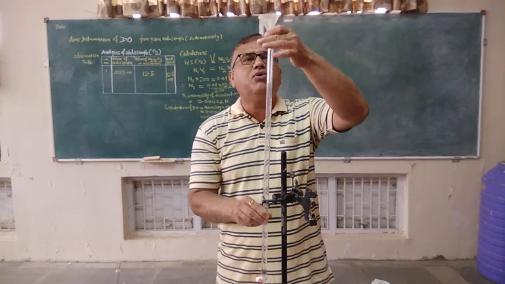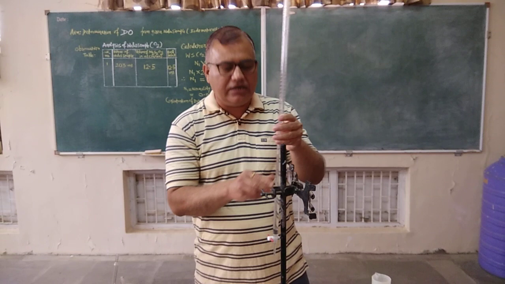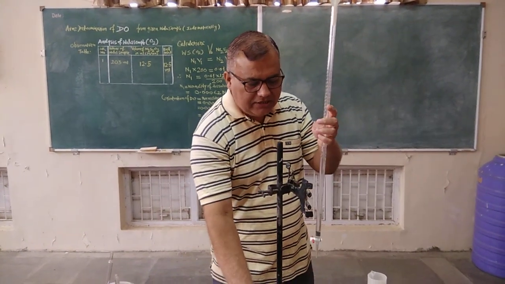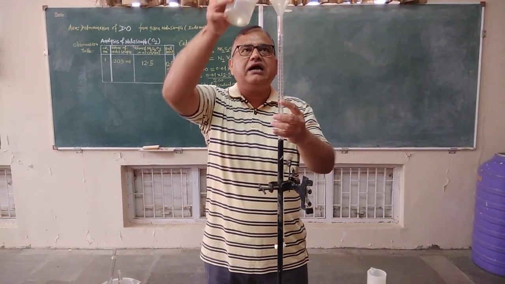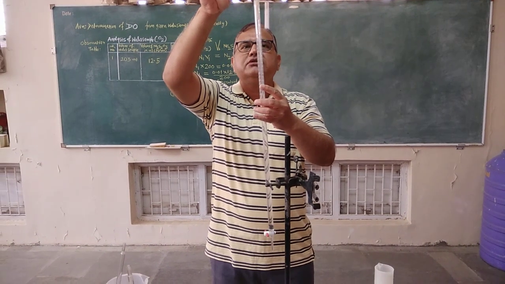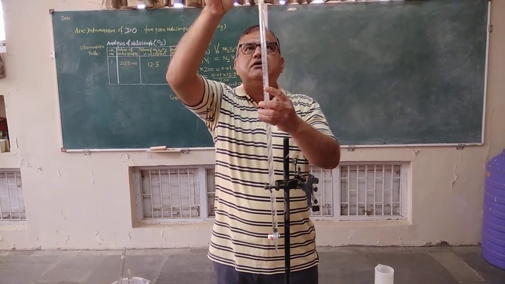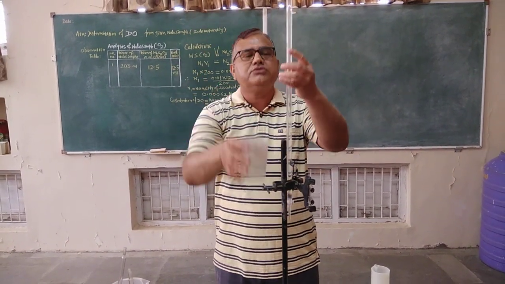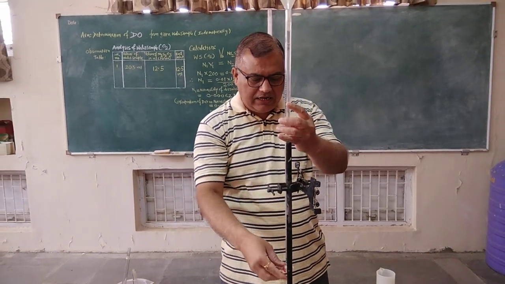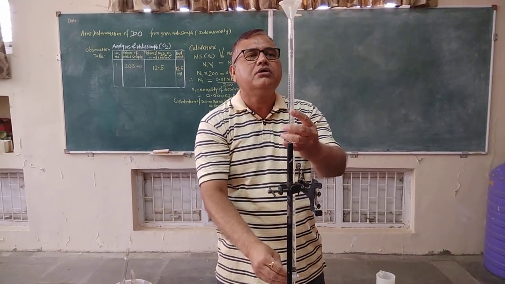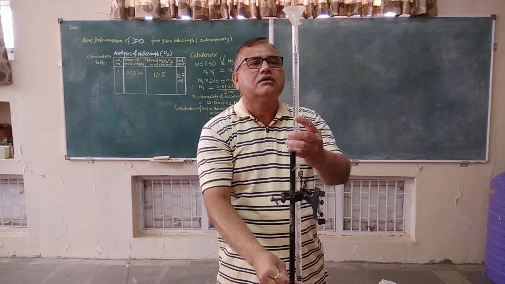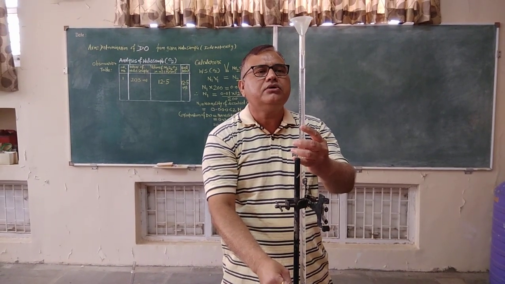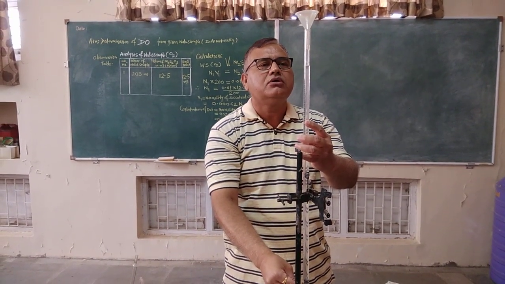We are going to titrate this water sample containing oxygen against Na2S2O3, so meanwhile just add this Na2S2O3 solution in the burette, keep this burette ready and adjust it to exactly 0.